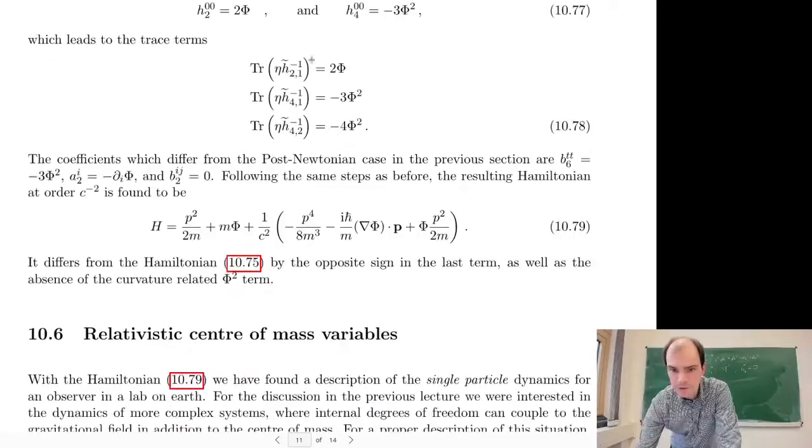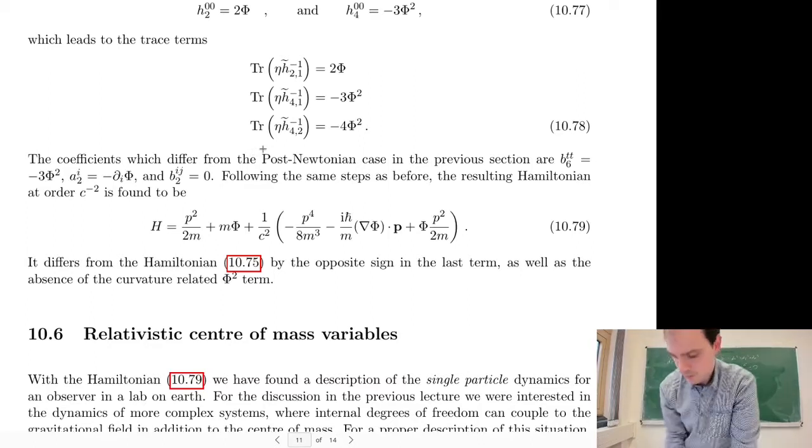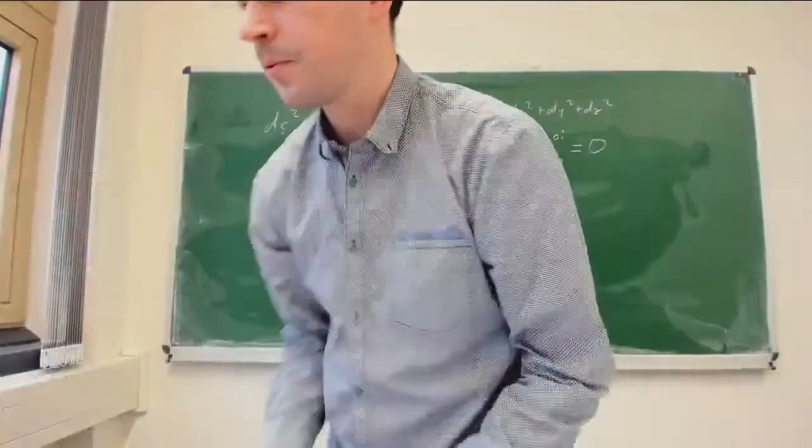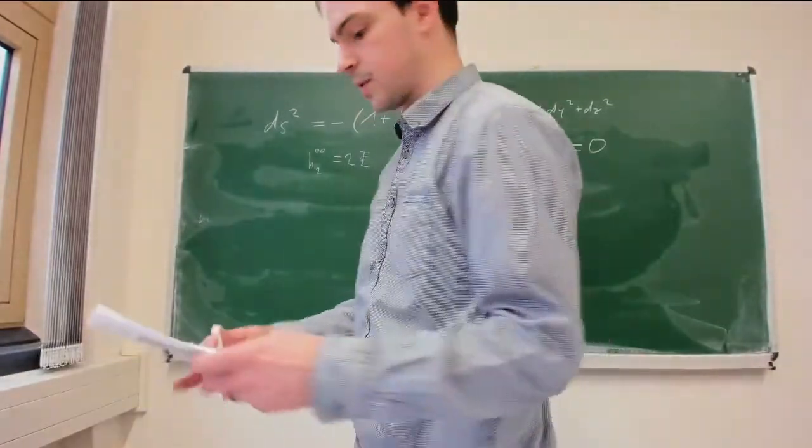So now with those we can again calculate these trace terms that we need in order to derive our coefficients a and b, and we can get all the coefficients, and again we find a Hamiltonian for this.